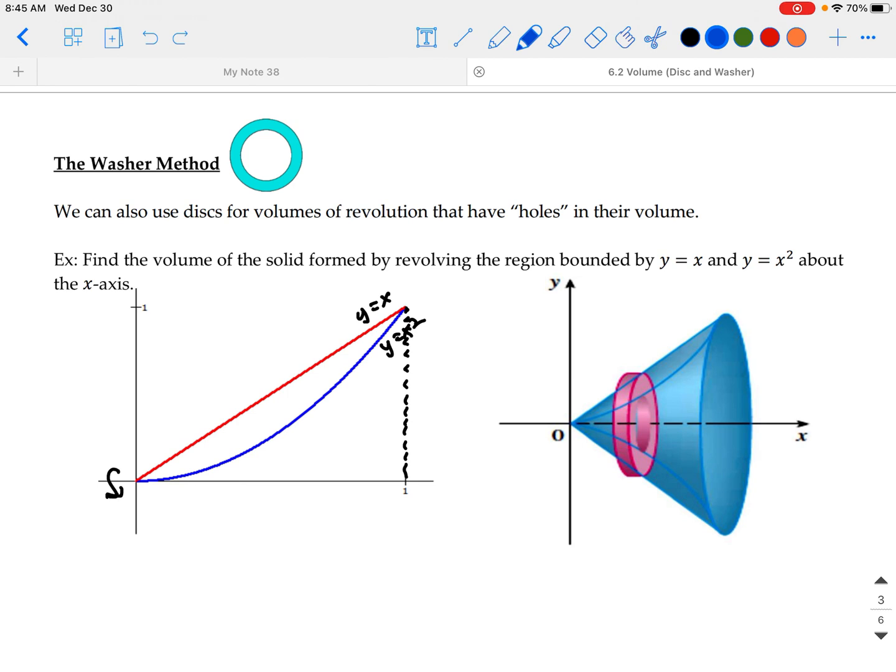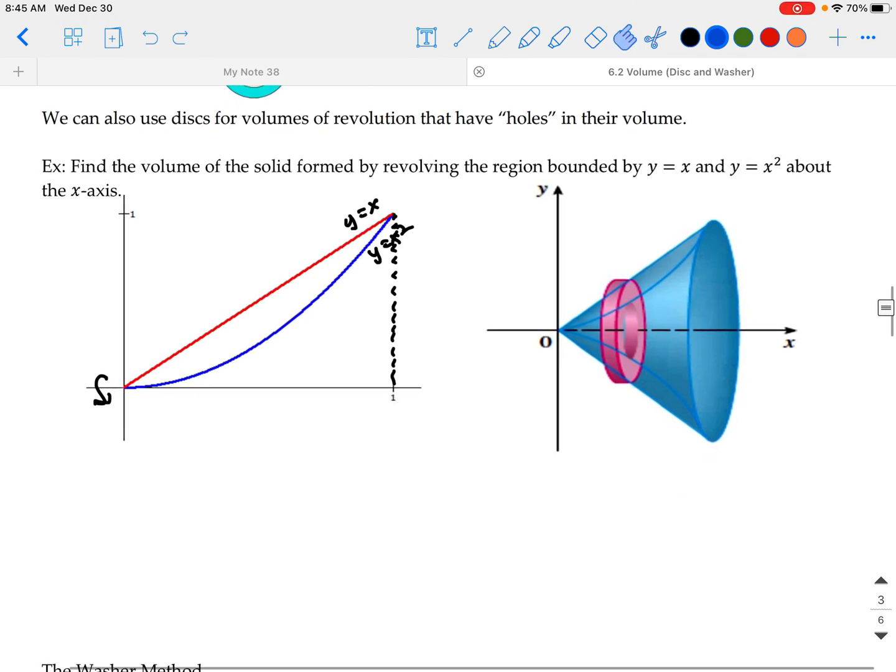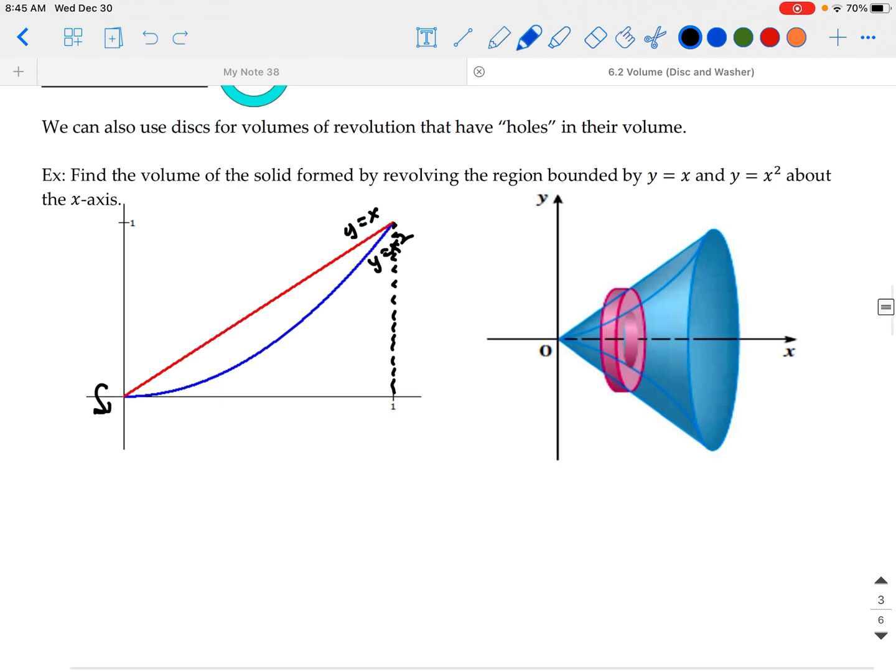All right, so let's look at how we would set this up. What we're going to do then is first measure our radii, of course. And note, I say radii because we're going to have two different radii. We're going to have this shorter distance and this longer distance.